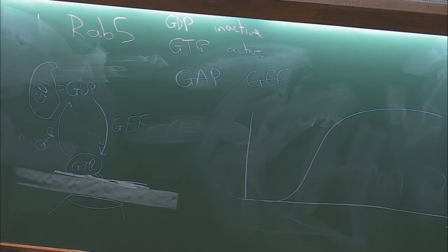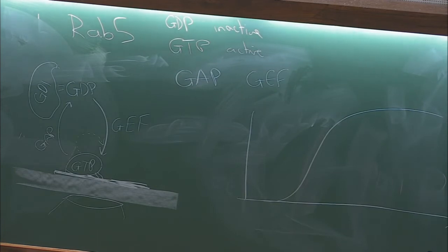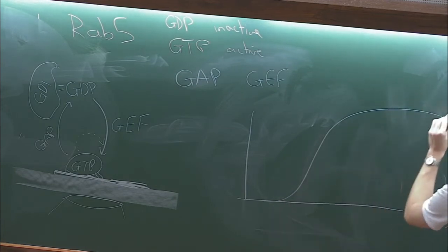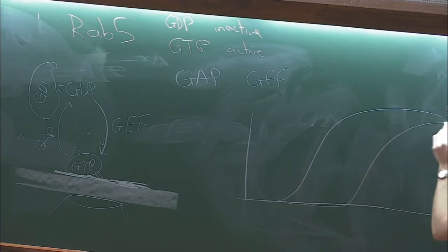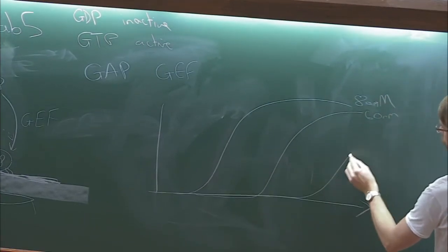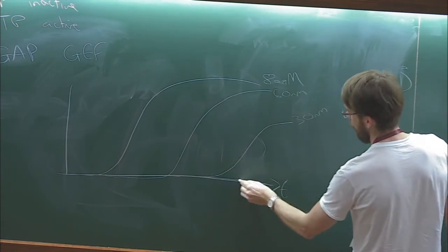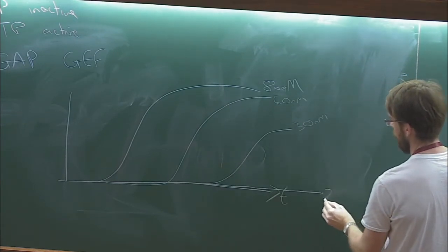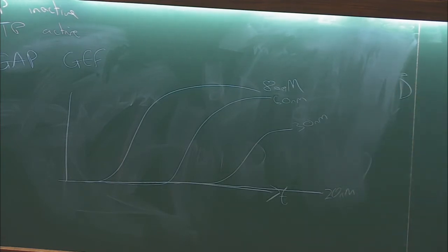And so as soon as you add the GEF, you get a response. But what they found was that as they did this at, say, 80 nanomolar, then 60, 30, they saw a really sharp switching in this system.